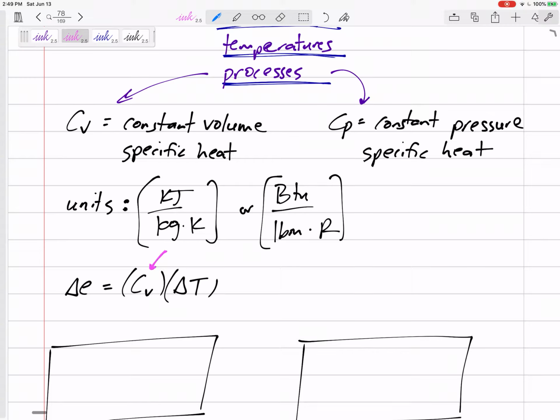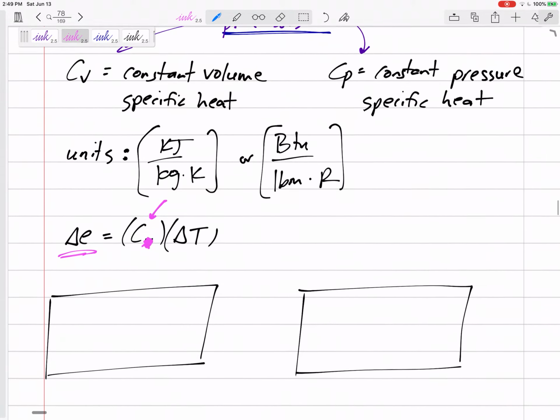Now this might be specific CV, it might be CP, let's put a star for now. But we take that specific heat times the change in temperature, and we can estimate the change in energy, right? Got it?